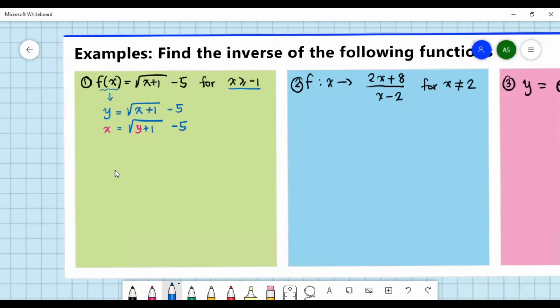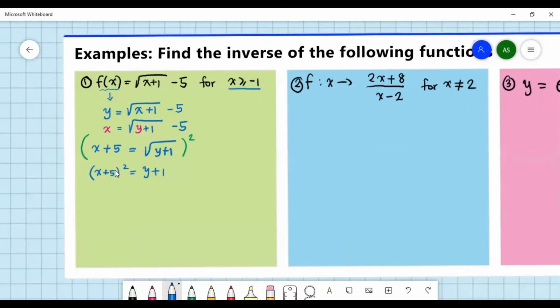So what will happen is we transfer the minus 5, so that will become x plus 5 is equal to the square root of y plus 1. Take note, we want y as the subject of the formula, so what we will do next is get rid of the square root. We square both sides of the equation, and in the end we will get x plus 5 squared is equal to y plus 1.